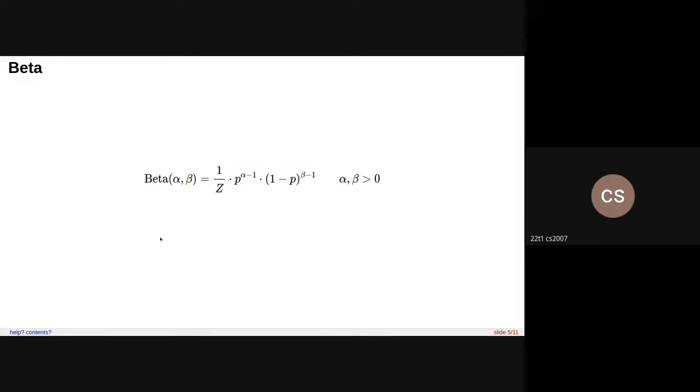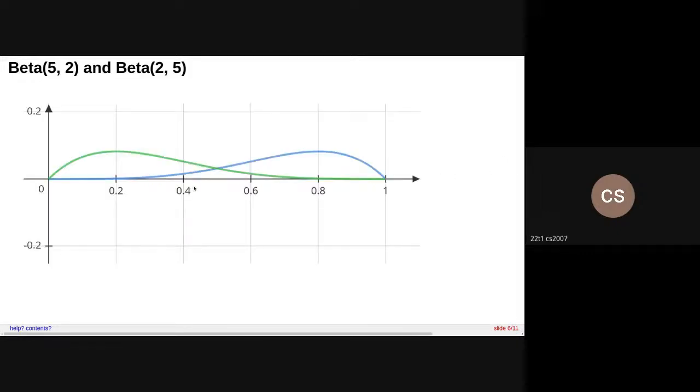Yeah. Right. So what is happening is P is between 0 and 1. That is the first thing we have to remember. P is the parameter of a Bernoulli, right? And P can be only between 0 and 1. So the support of this distribution is between 0 and 1. So when P is small, let's take the blue case, the value of the density is also small.